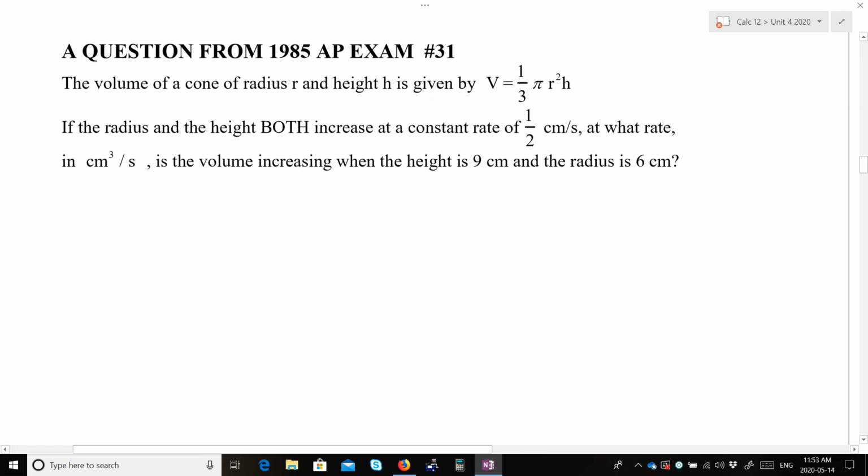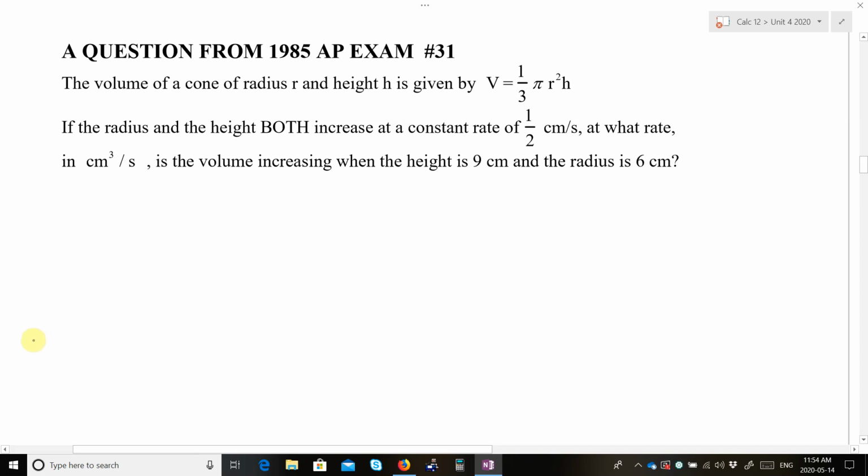It says the volume of a cone of radius r and height h is given by volume equals 1/3 pi r squared h. If the radius and the height both increase at a constant rate of 1/2 centimeter per second, at what rate in centimeters cubed per second is the volume increasing when the height is 9 centimeters and the radius is 6 centimeters?